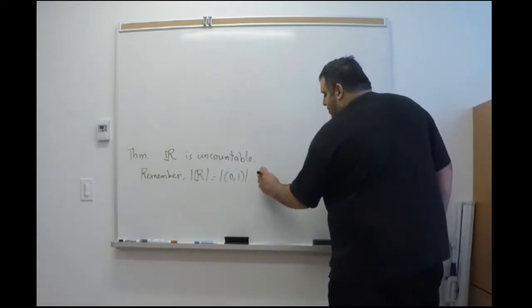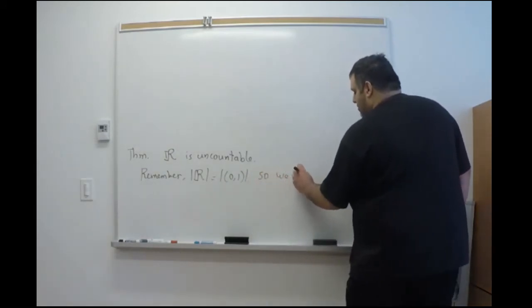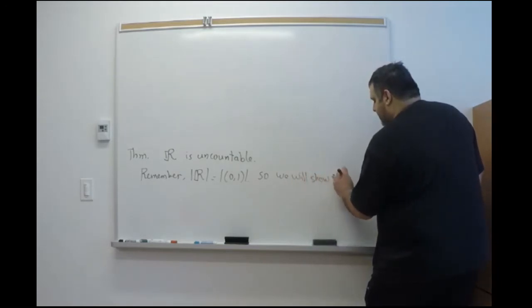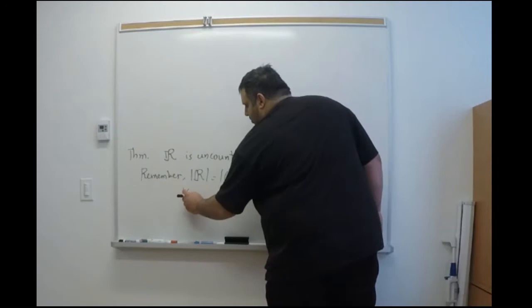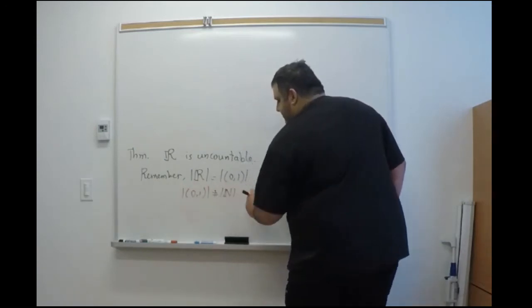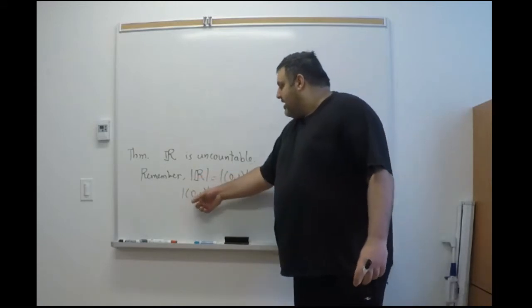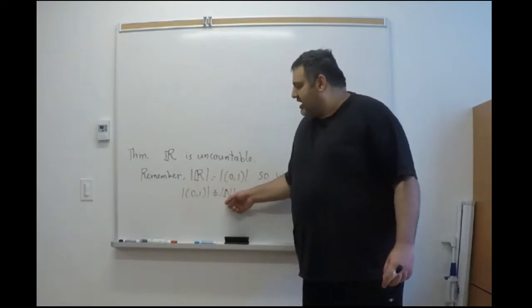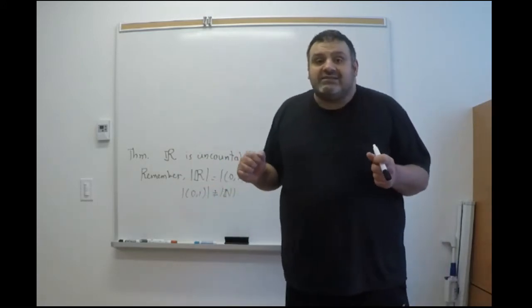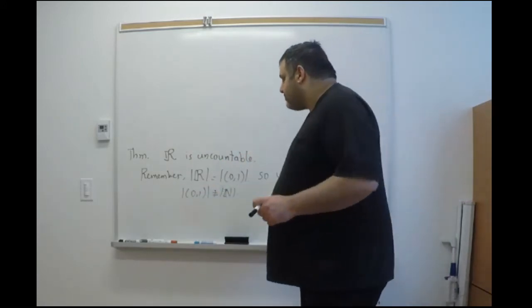So we will show that the cardinality of (0, 1) is not equal to the cardinality of the naturals. And because these two cardinalities are the same, this means the cardinality of the naturals is not the same as the cardinality of R, and hence R is uncountable.